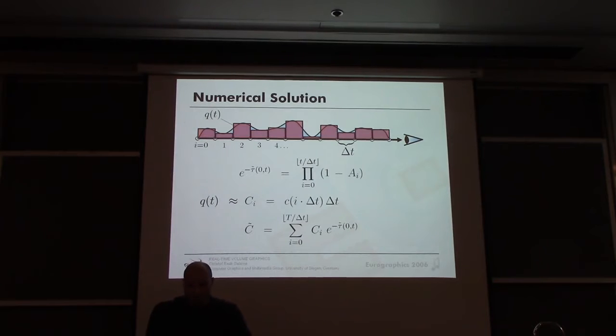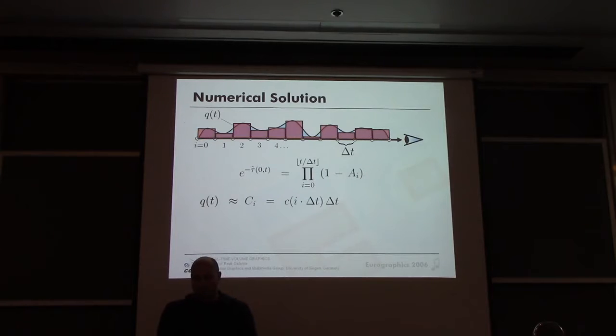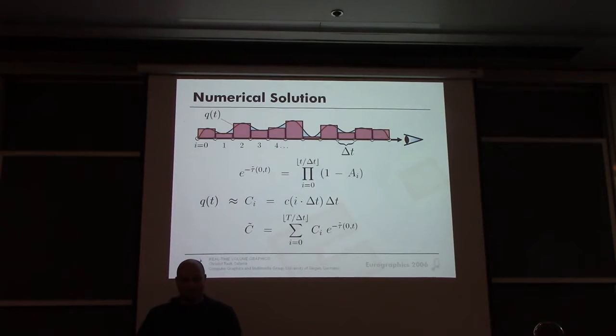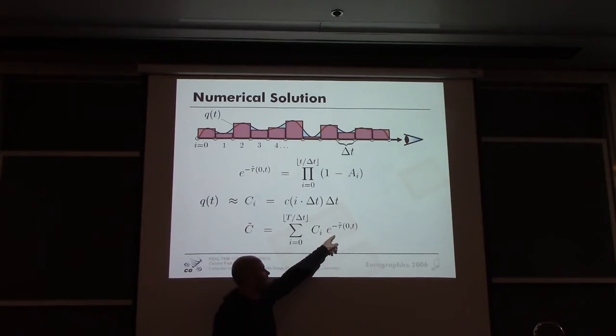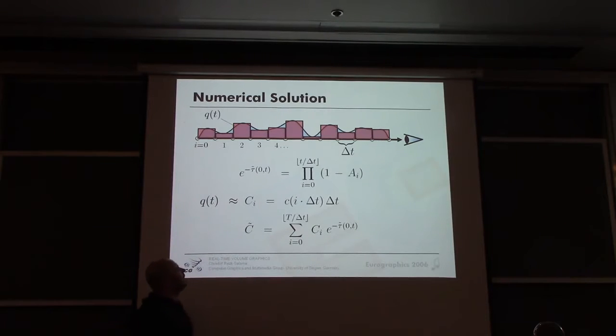So this is basically letting you do the same thing for color values as opposed to just opacity values. The only thing that changes here is that before you would just have these opacity values A, but when you have the color values, the color comes out front, and you multiply these opacity values by the color value.